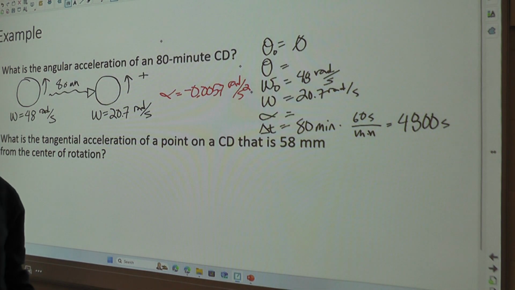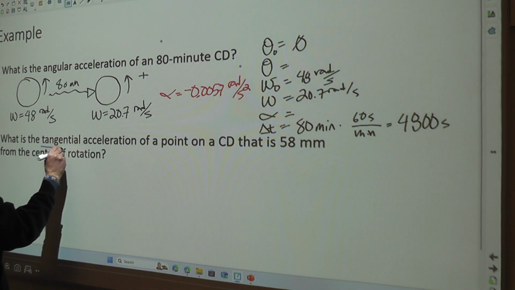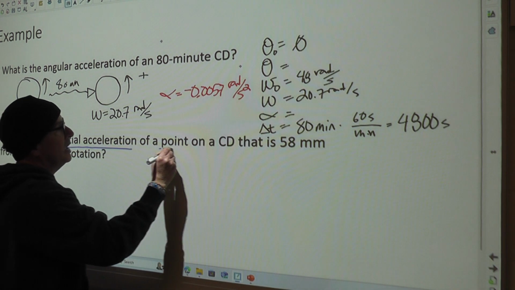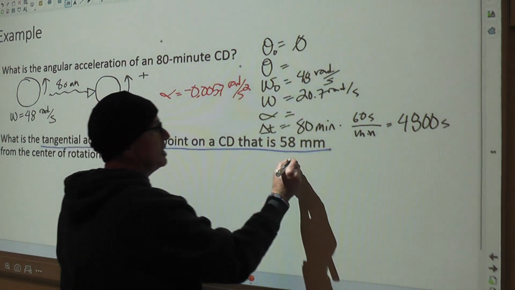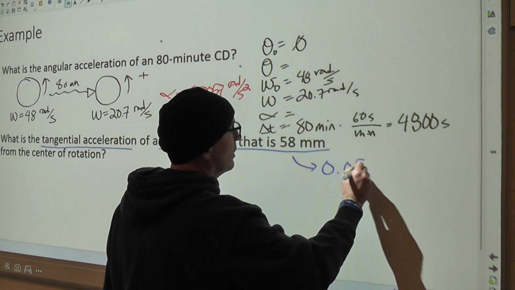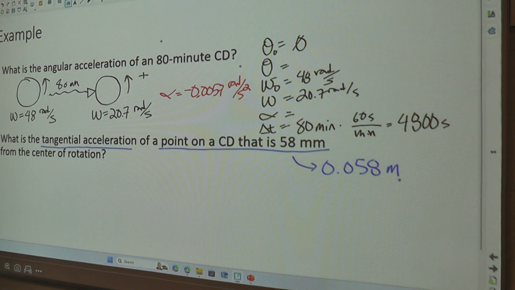Here's the next piece. If we want to know the tangential acceleration of a point that's 58 millimeters, or 0.058 meters away from the center of rotation, this is not a kinematics problem. No time is going by. We don't have different velocities or locations.